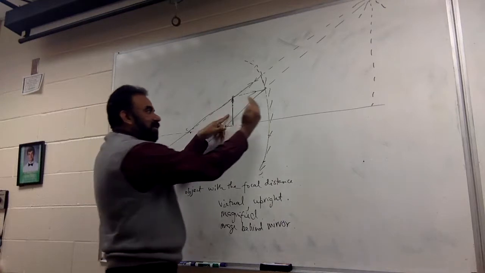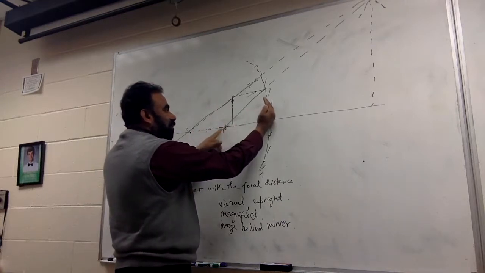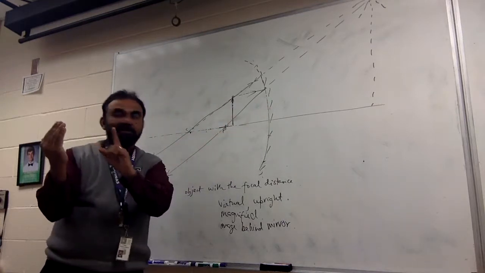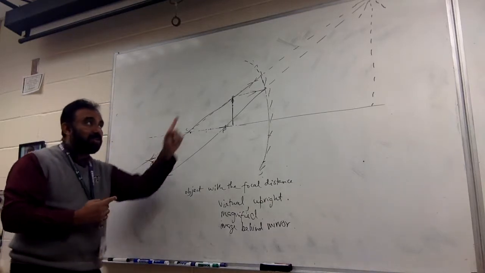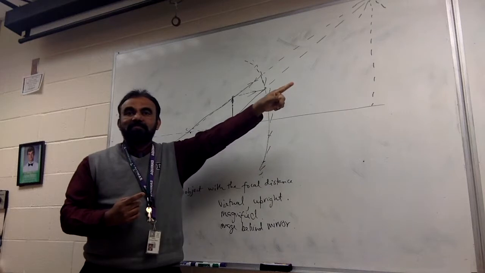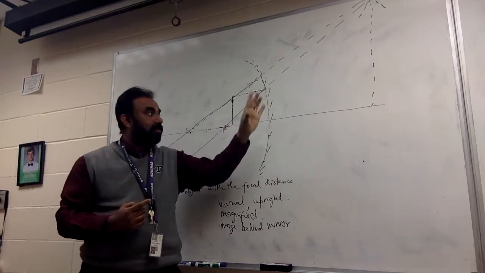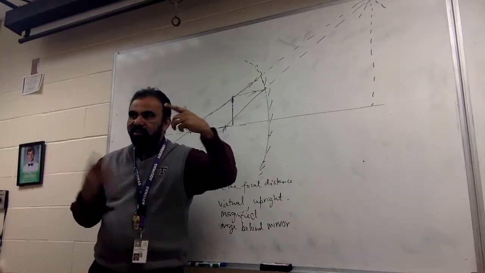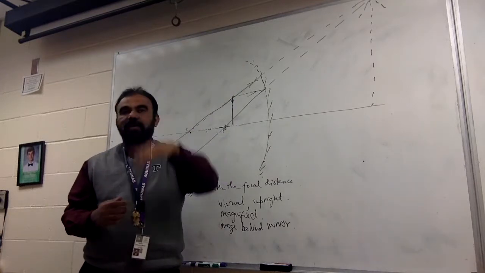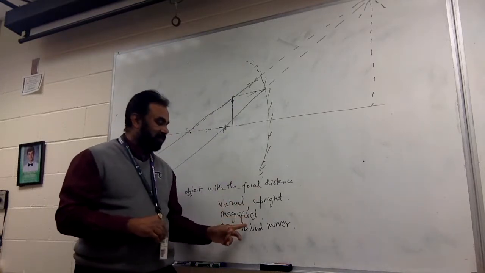So he puts the mirror in such a way that the tooth comes within the focal length. And what he is looking at from here is a huge image of the tooth, exactly upright, not an inverted image. He's seeing it the same way and magnified.